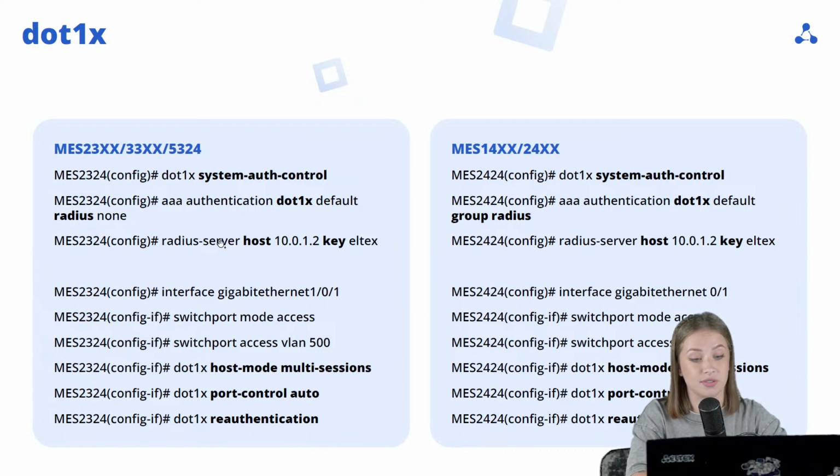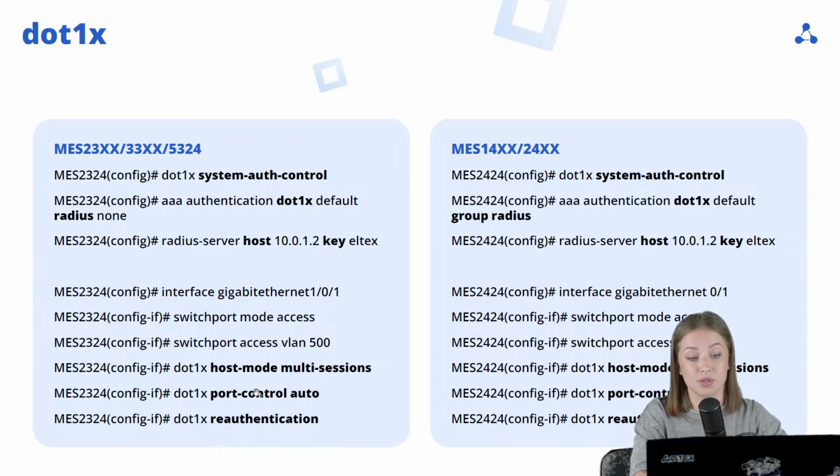In the interface configuration, for example, let's talk about this command. By default, all our equipment has the multi-host mode, which means that if one client passes authentication on the external RADIUS server, the whole port will be authorized. So let's change this configuration to multi-sessions, so each client should be authorized on the external RADIUS server.